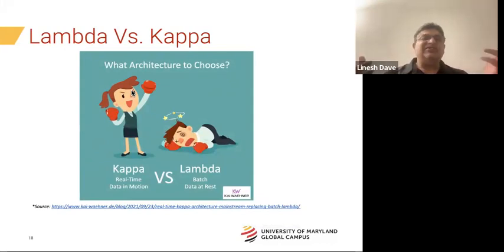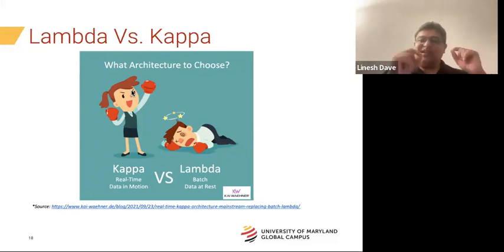Each has its own distinct advantages, which makes them still stand out and be used. These architectures did not evolve because Lambda was not doing something and Kappa would knock Lambda out of the market completely. Both architectures are still relevant. They could still be used and are used.